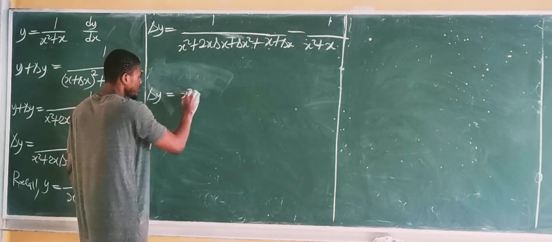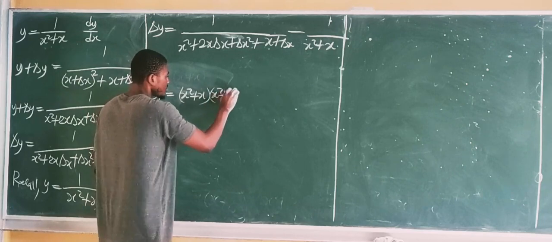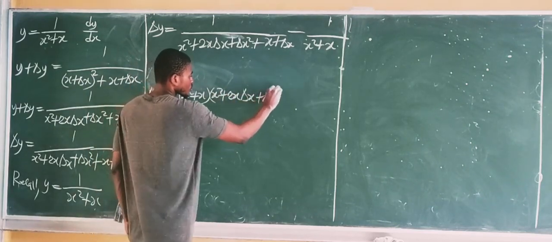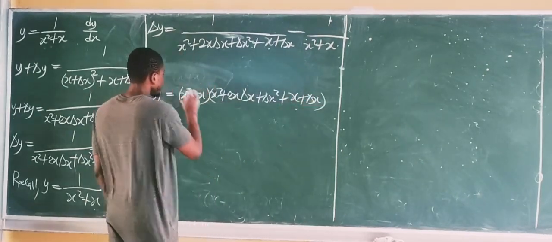So I have x squared plus x multiplying by x squared plus 2x change in x plus change in x squared plus x plus change in x.